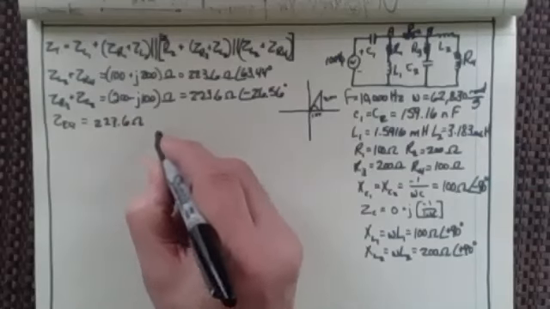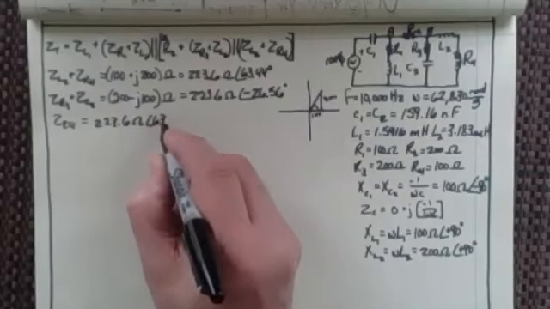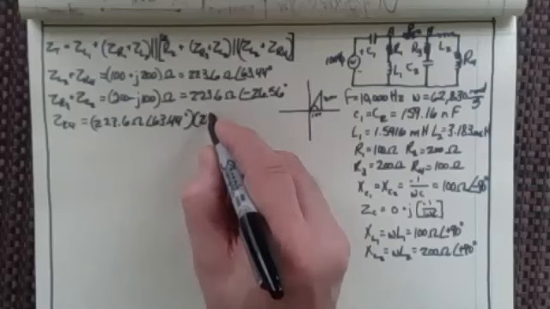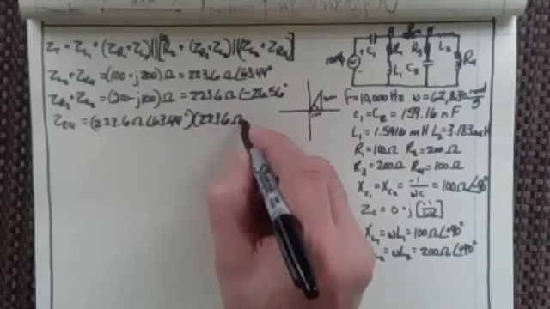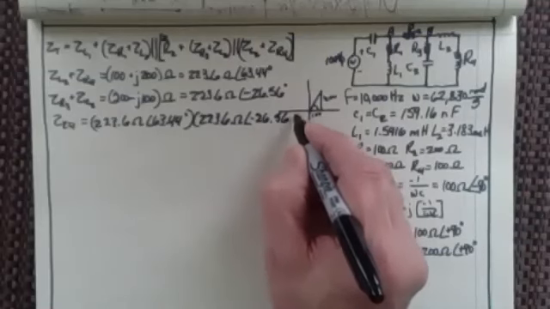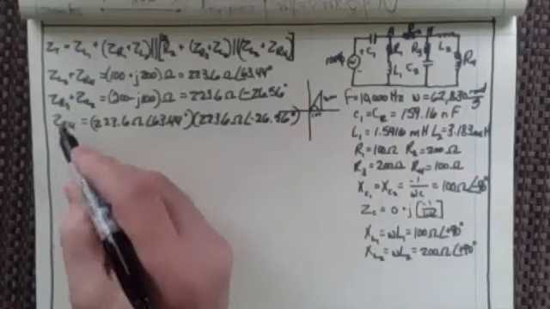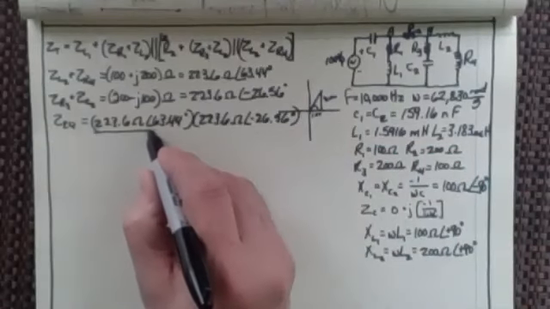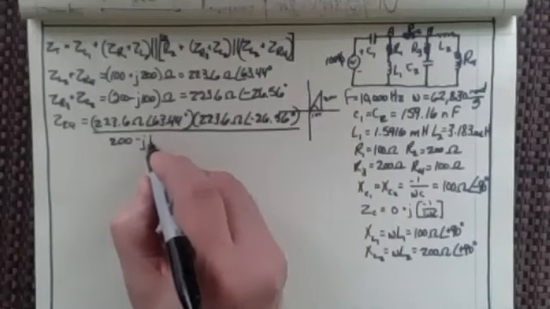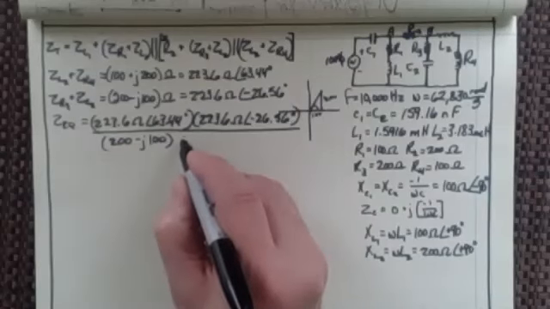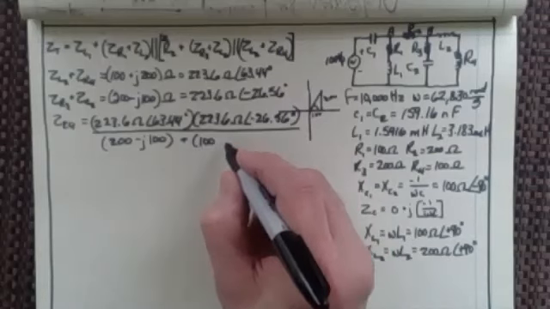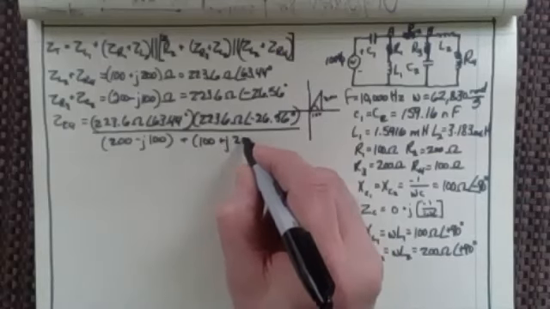So we can say with these two together that I've got 223.6 ohms at 63.44 degrees multiplied by 223.6 ohms at minus 26.56 degrees. Right, so I've got both of those divided by the two of those, so 200 minus J 100 plus, right, we're adding in the denominator, 100 plus J 200.